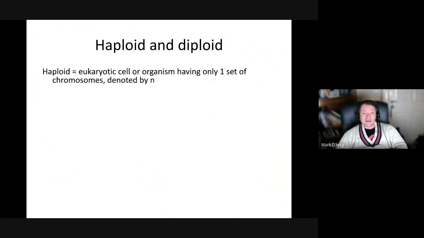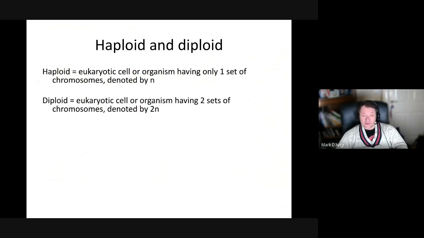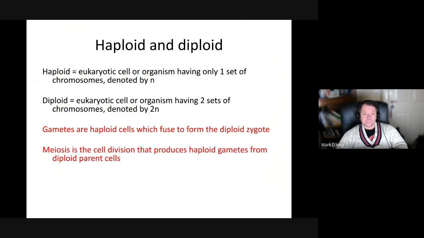So haploid means a eukaryotic cell or organism having only one set of chromosomes, denoted by n. Diploid, 2 sets, written as 2n. Gametes are therefore haploid cells which fuse to form the diploid zygote, and then the embryo. Meiosis is the cell division that produces haploid gametes from diploid parent cells.